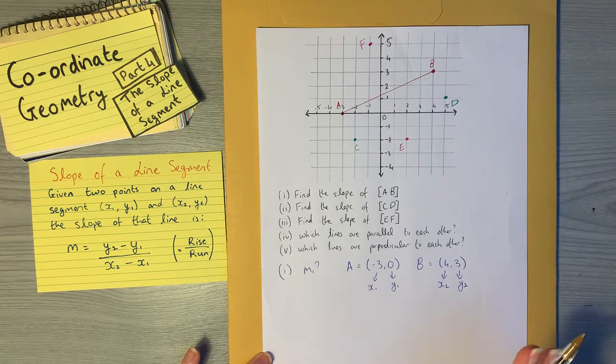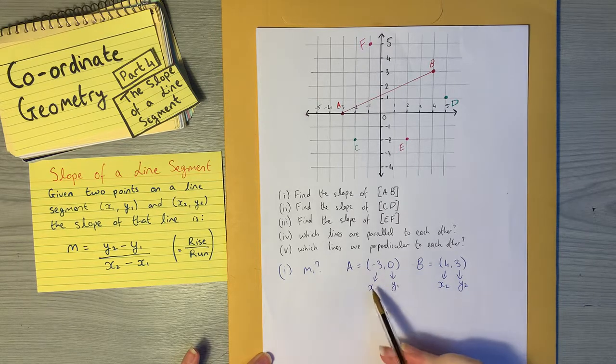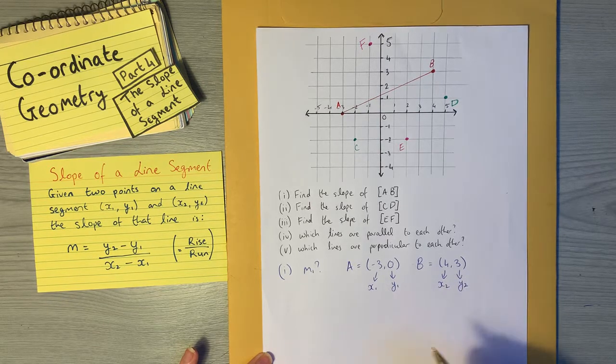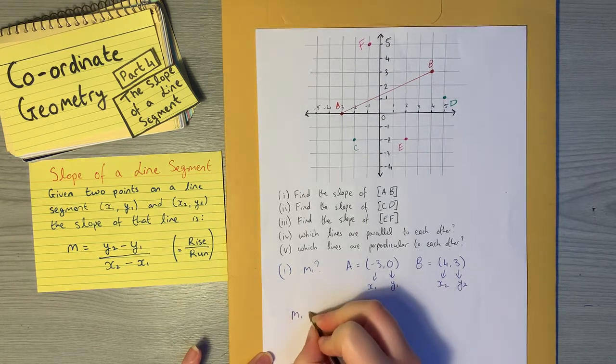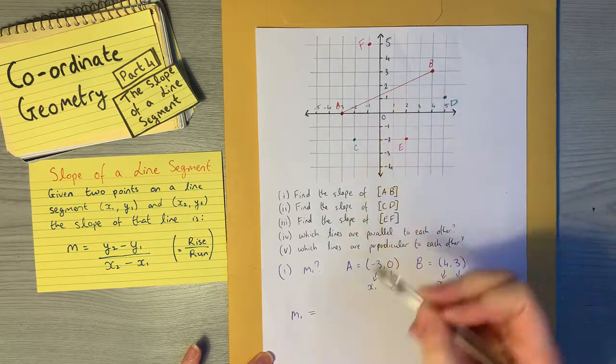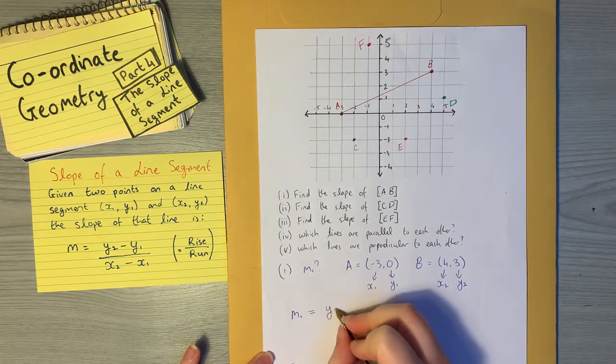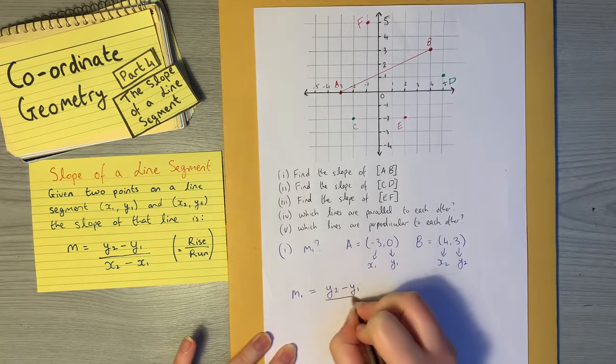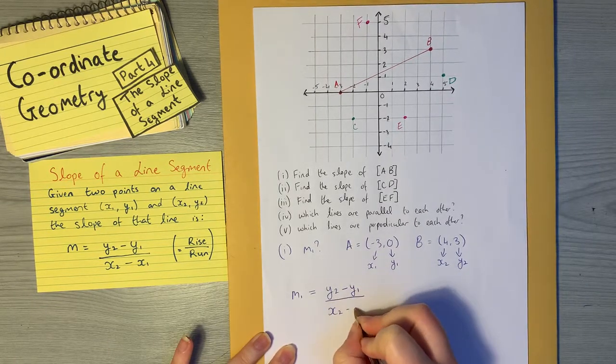It doesn't matter, as long as this x is paired with this y. So x1 and y1 here, and x2 and y2 here together. Okay, so then I can say my slope of this first line here, so m1, is equal to, using my slope formula, y2 minus y1 over x2 minus x1.